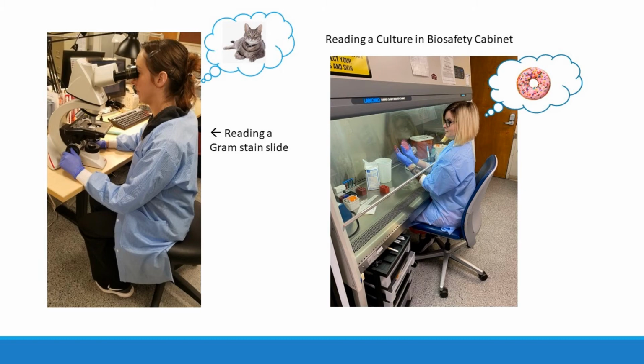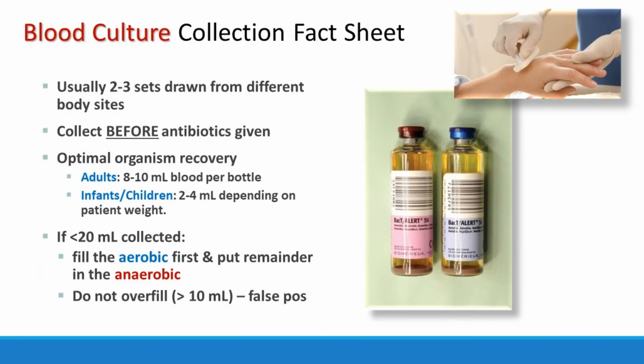So in microbiology, once the blood culture bottle is loaded on the BACT/ALERT, which is that analyzer you saw before, the sensor scans for a color change every 10 minutes on the bottom of that bottle. That color change is triggered by an increase in CO2 due to microorganism metabolism. And then that analyzer will beep when a color change has occurred, and then the microbiologist will work up the culture.